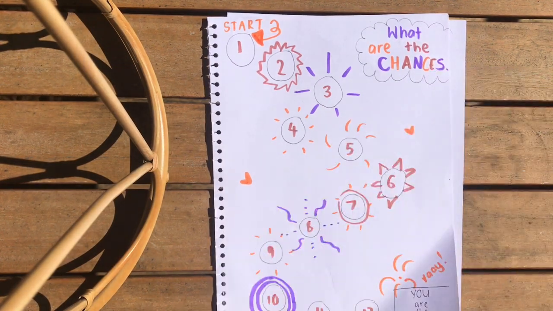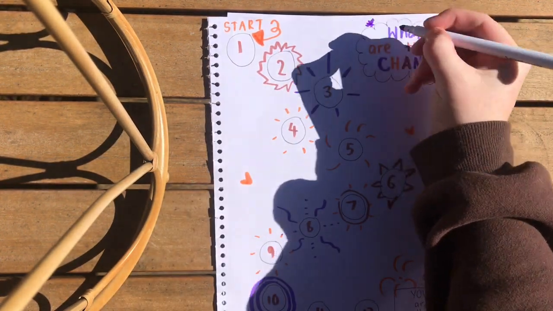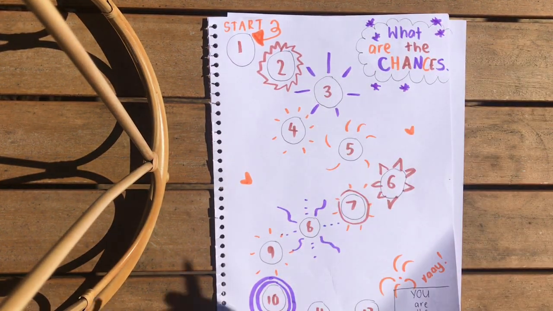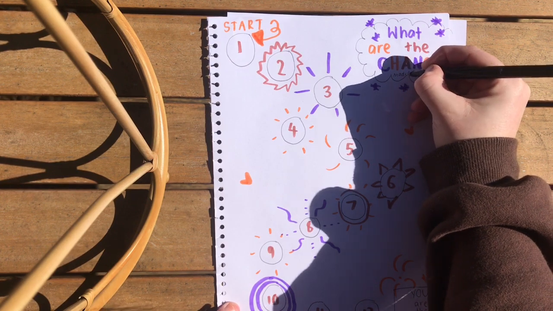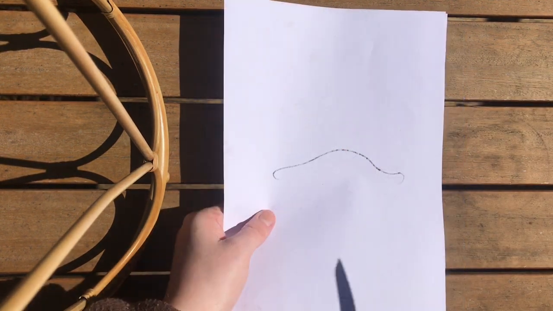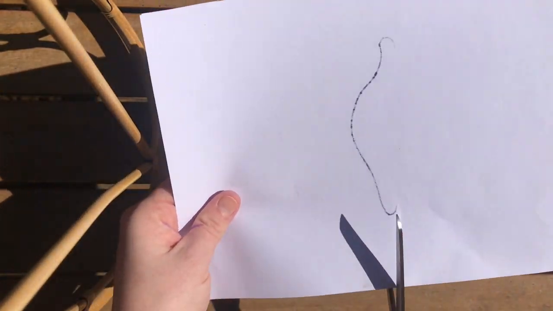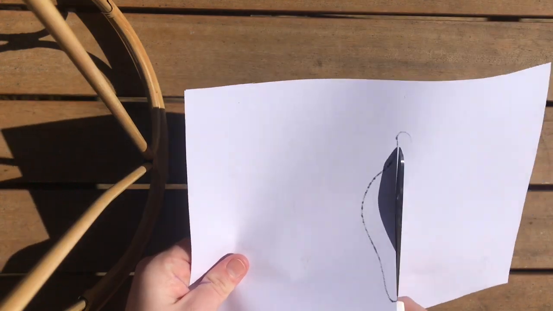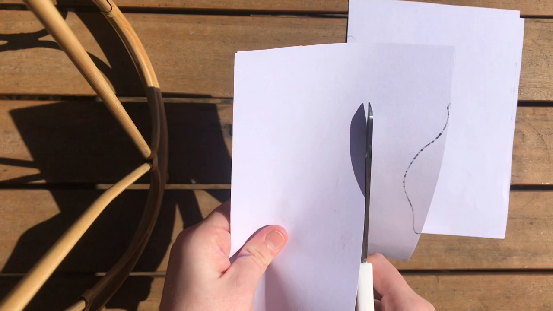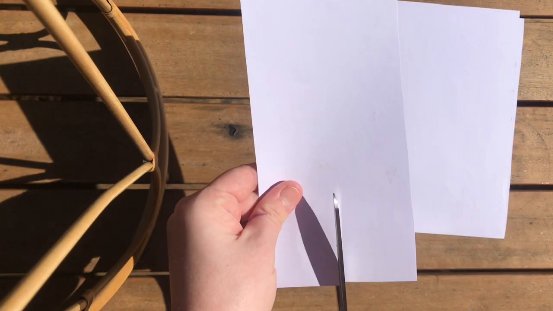Okay, let's go to the next step. Okay, for the next step, you need to grab your scissors and put your piece of paper landscape. We're going to cut our piece of paper in half. Remember, if you need help with this, see if an adult can help you and make sure you ask permission before you do it.